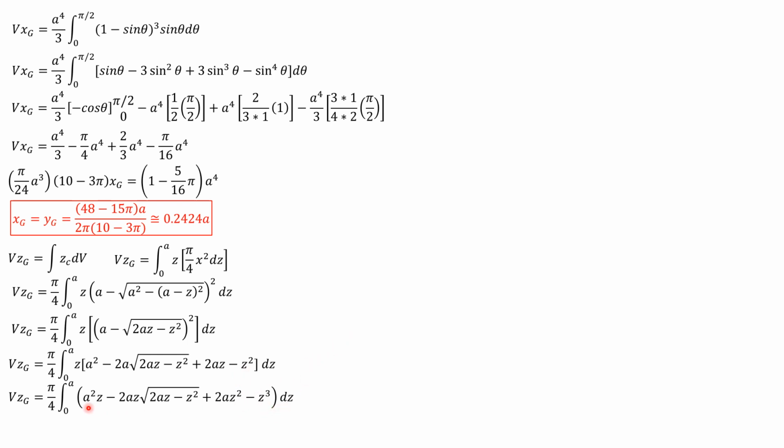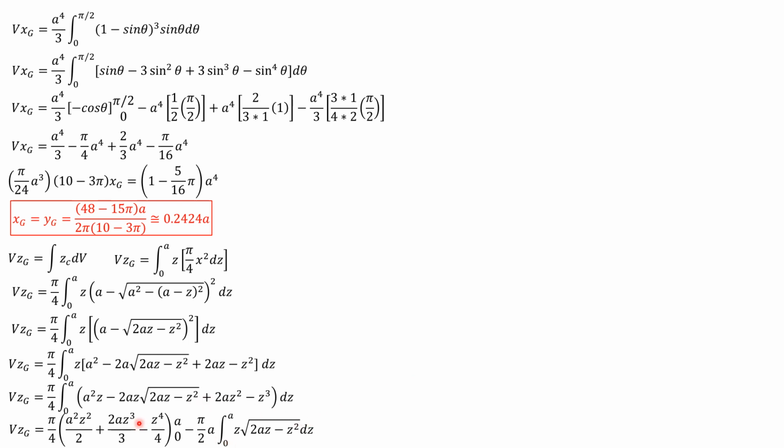So we integrate the third and fourth terms, and we remember that this integral will just be 2/3. So pi over 4 a squared z squared over 2 plus 2 over 3 az cubed minus z to the fourth over 4 from 0 to a, then minus pi over 2 because we have negative 2 here, pi over 2 a, then integral of z square root of 2az minus z squared dz.